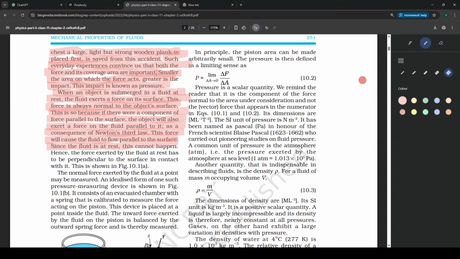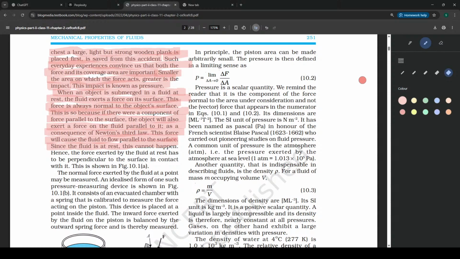In such a case, due to Newton's third law, when the water exerts a parallel force on the object, the object will also exert an opposite and equal force on the water.